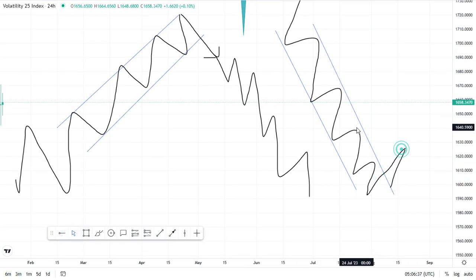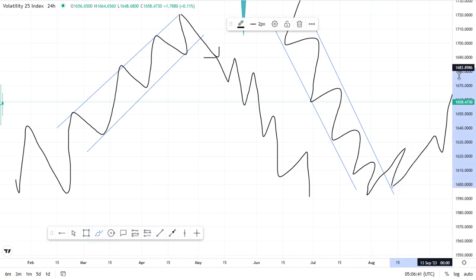The price can actually retest the channel, and after retesting, you have this movement to the upside. So these are the two things the price normally does. Either the price breaks out of this channel and pushes down, or the price breaks out, retests, and pushes up.